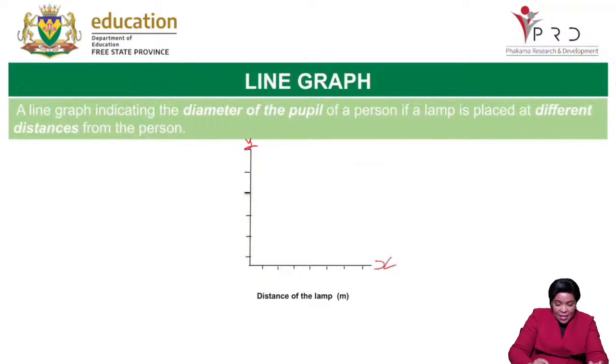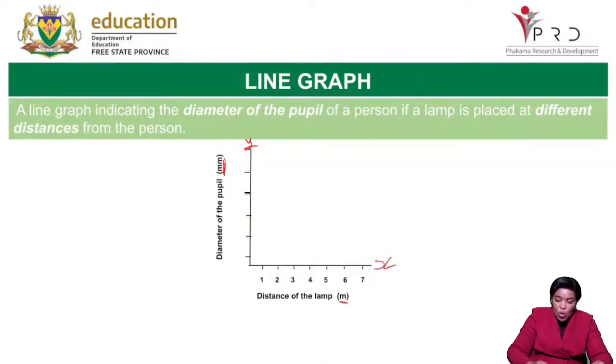Then obviously, because it is independent, it will come on the x-axis, or the horizontal axis. And then the diameter of the pupil will come on the y-axis, or the vertical axis, because it is the dependent. And please take note of the units. When you are given units, please write them when you are writing the headings of the axes.